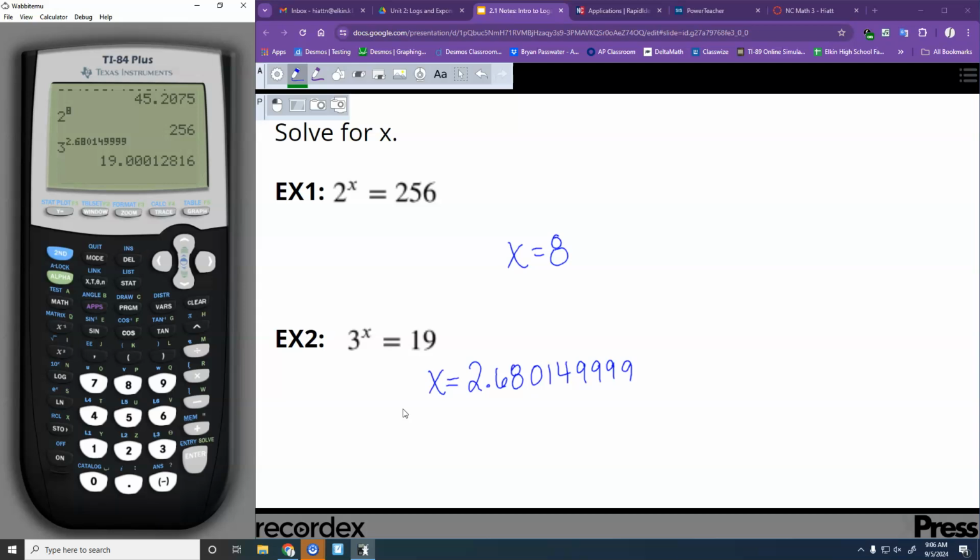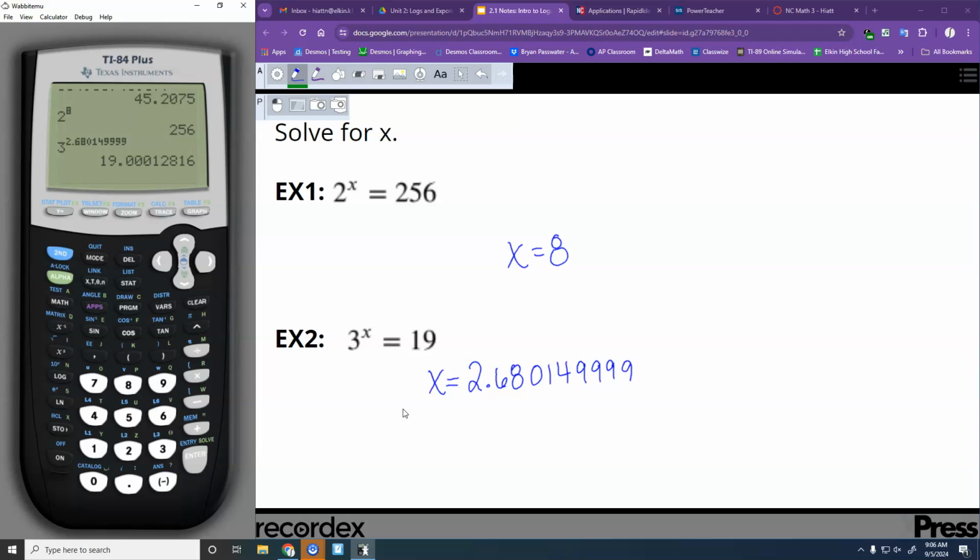On the AP exam, every decimal answer that you give has to be correct to 3 decimal places. So, like if the answer is 2.680149999, you could round that off to 2.680 and leave it like that, right? And that would be acceptable.